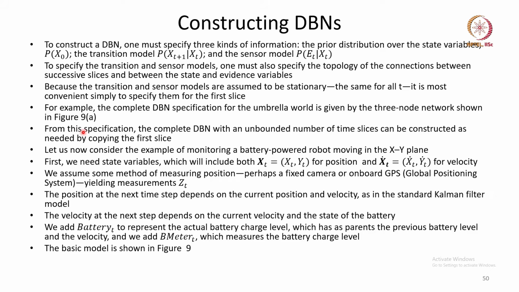Next is how do we construct the dynamic Bayesian network, right? What we need basically is the prior distribution over the state variables, that is P of X0, and you need the transition model and the sensor model.